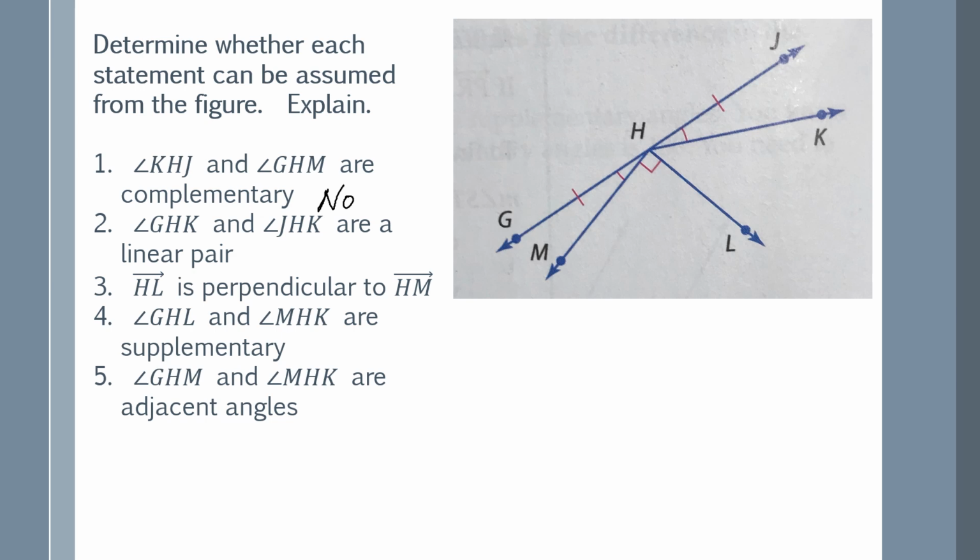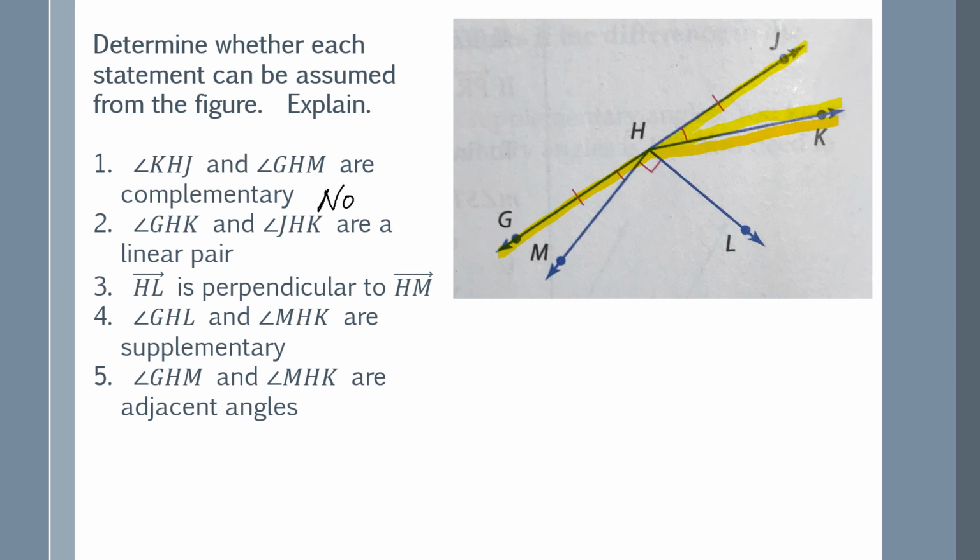Okay. Next question. Can we assume that angle GHK, which is this angle right here, and angle JHK, which is this angle right here, are a linear pair? And we can, right?